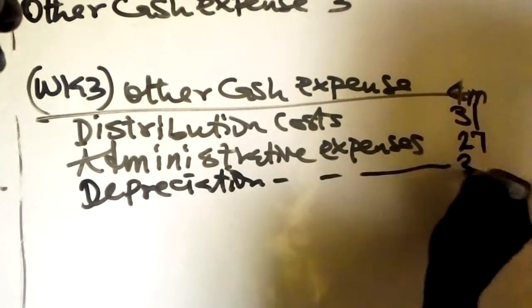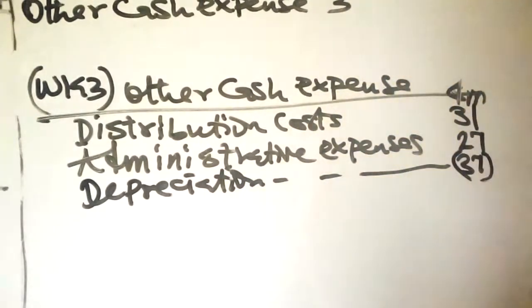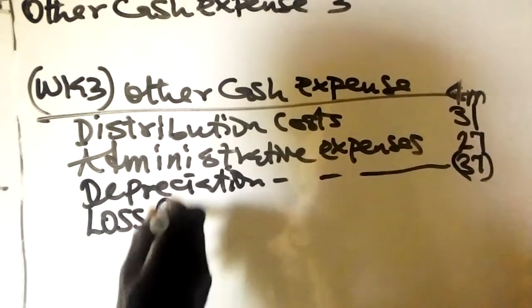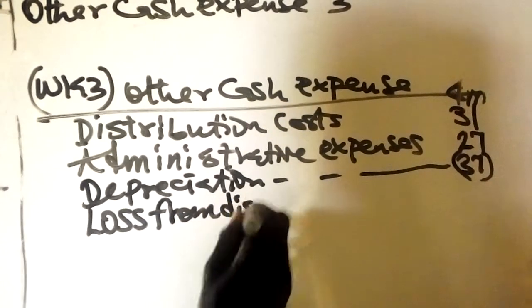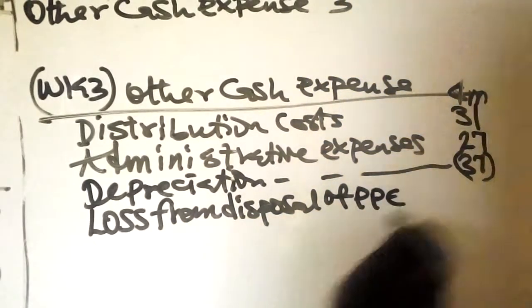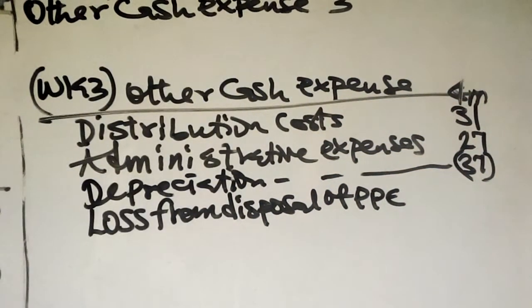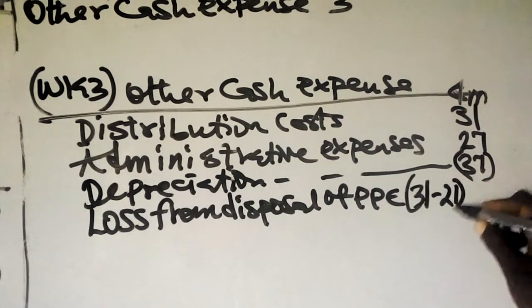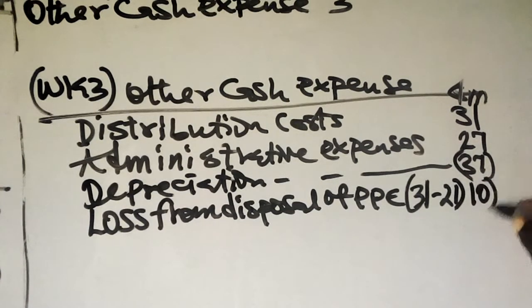The depreciation is 37 million, so we eliminate it. Then the loss from disposal of PPE, which is the difference between the carrying amount of 31 million and the proceeds of 21 million, means there is a loss of 10 million. So that will also be eliminated.